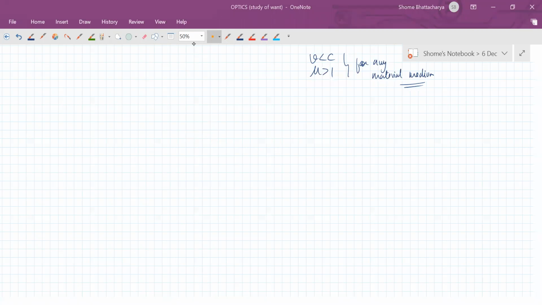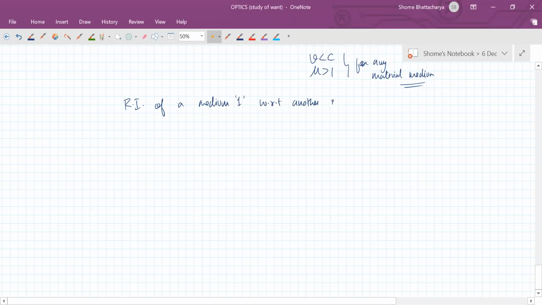Now we also define refractive index of a medium, let's say medium 1, with respect to another medium, let's say medium 2. So we define like this: mu of 1 with respect to 2 becomes nothing but v2 by v1.